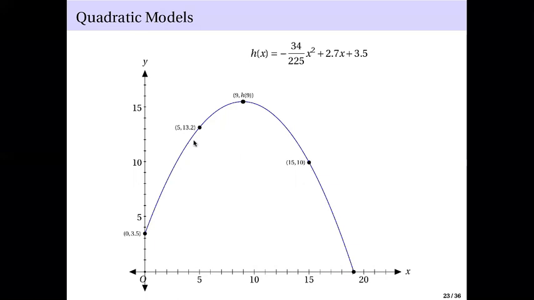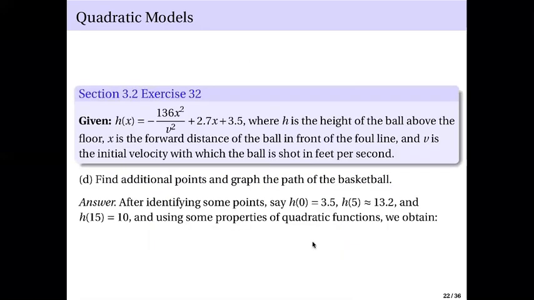So again, let us look at these points here. So how we got them: h of 0, that's 3.5. H of 5, that's roughly 13.2. H of 15, that's 10.